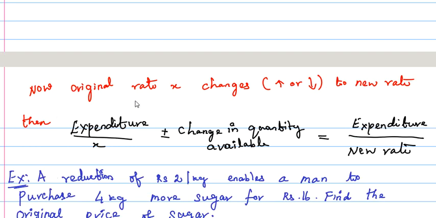So this is the formula: expenditure by x plus or minus change in quantity available, equal to expenditure by new rate. Depending upon the changes, if the new rate is increased you have to put plus, and if decreased you have to put minus, right? I am going to apply this formula. Most of the time we will use this formula.